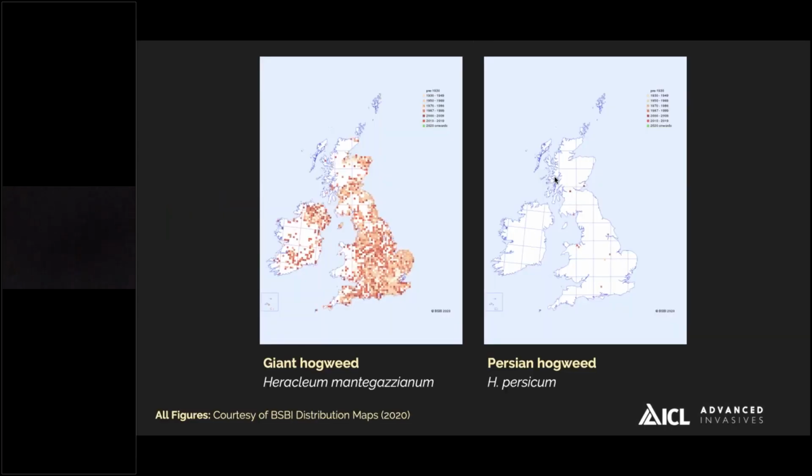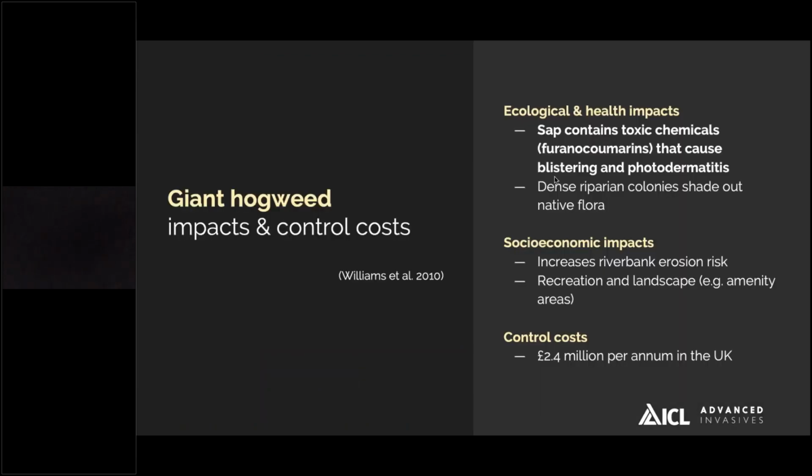To give you an idea of the current extent of giant hogweed in the UK, it's extensive, and I would argue as well that Persian hogweed and also Sosnowski's hogweed are likely to be underreported at the UK level because identification of the different species is quite problematic. So in terms of the impacts and control costs around giant hogweed, it's quite unique amongst the invasive plants that we've got in the UK in terms of its direct impacts on human health.